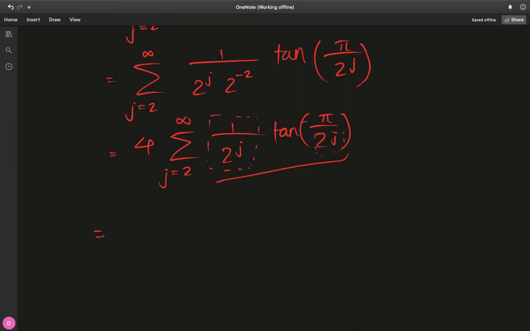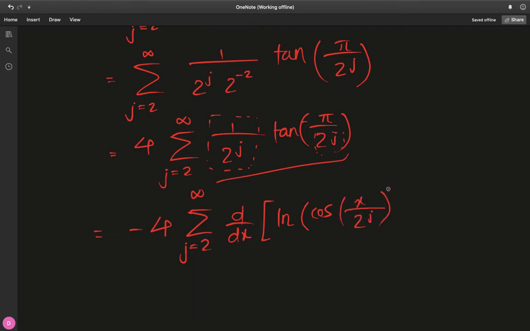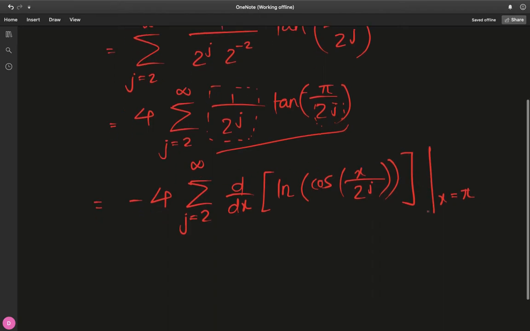So as discussed, we can write this as minus 4 times the sum from j equals 2 to infinity of the derivative with respect to x of the natural log of cosine of x over 2 to the jth power, evaluated at x equals pi. So after you take the derivative, you plug in pi. That's what this is saying.